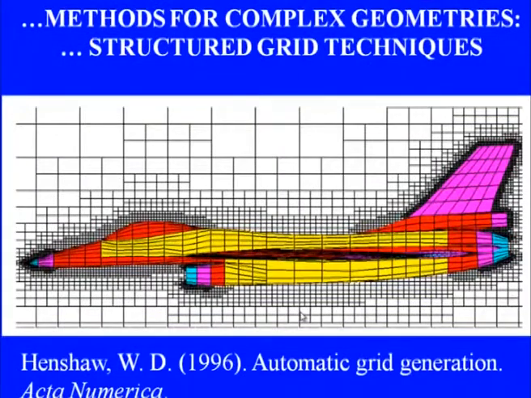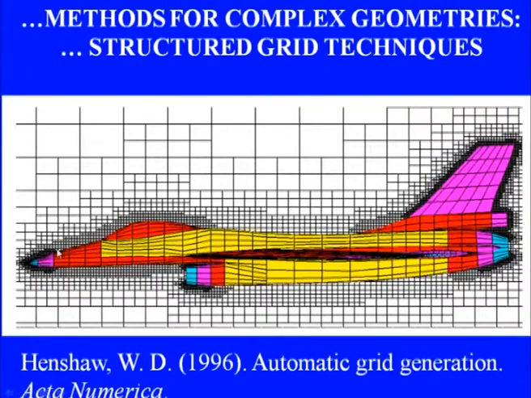So this is one typical example taken from Henshaw in paper on automatic grid generation published in Acta Numerica. This is a full body aircraft, just one cross section of it. It's a fighter aircraft, and you can see block structured Cartesian grids. So close to the surfaces in different parts we have got the grids of differing densities.